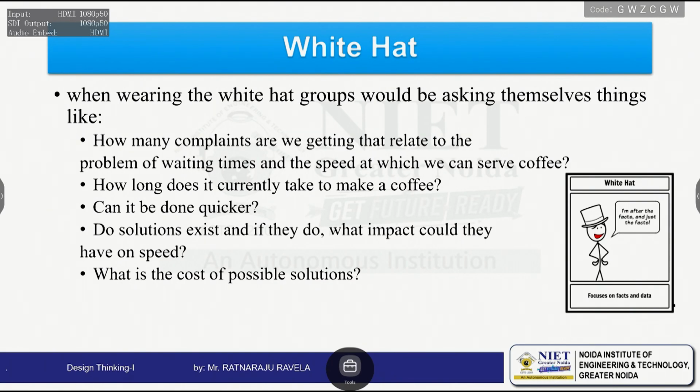First, the white hat. By wearing the white hat, we look at how many complaints we are getting related to waiting times and the speed at which we serve coffee. Here we concentrate only on the number of complaints and the speed at which we are serving the coffee.